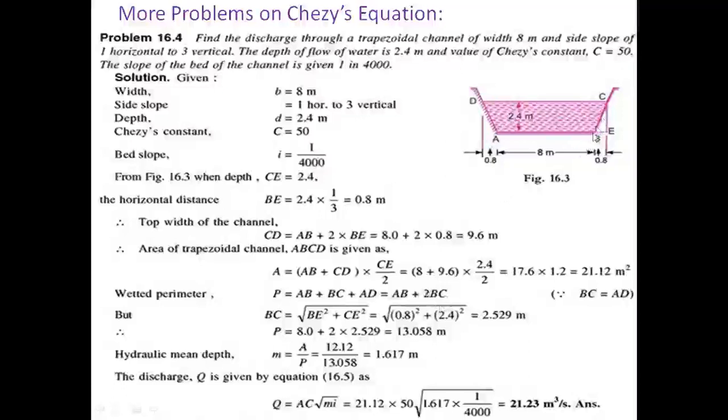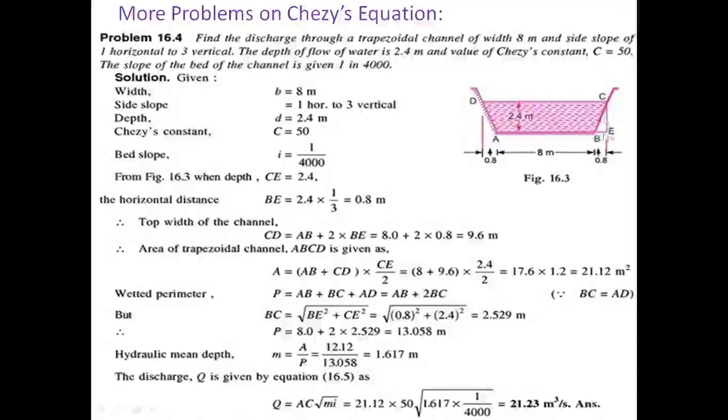For that, we use the Pythagoras theorem. BC equals root of BE whole square plus CE whole square.